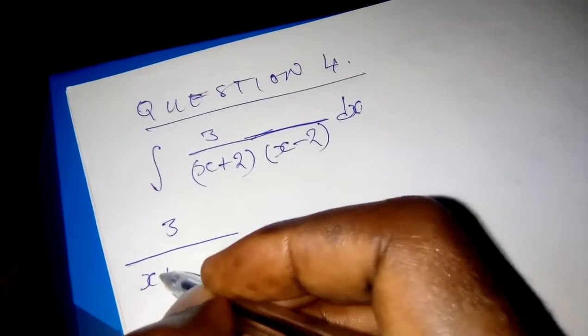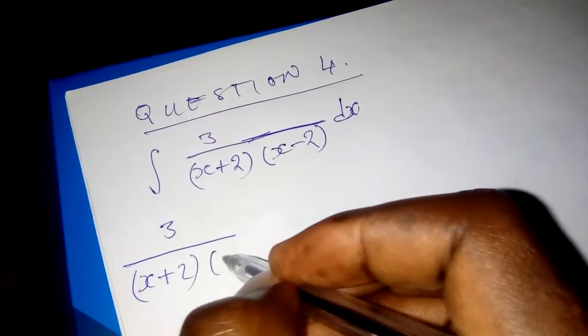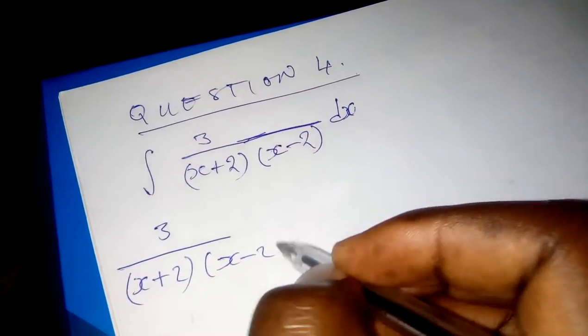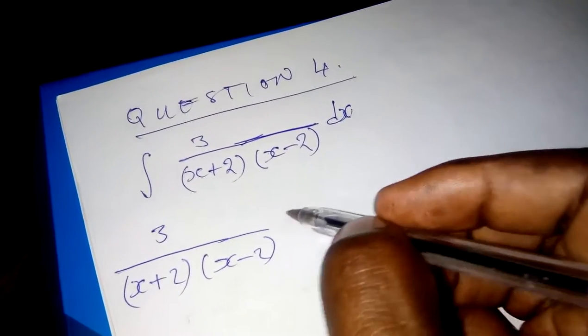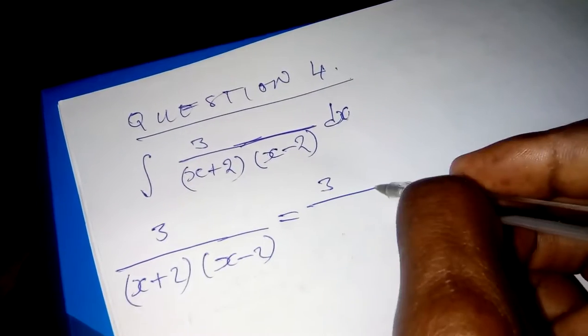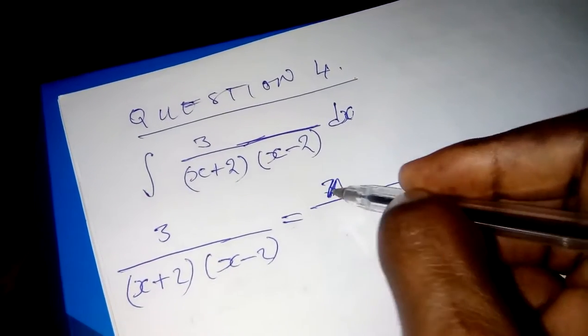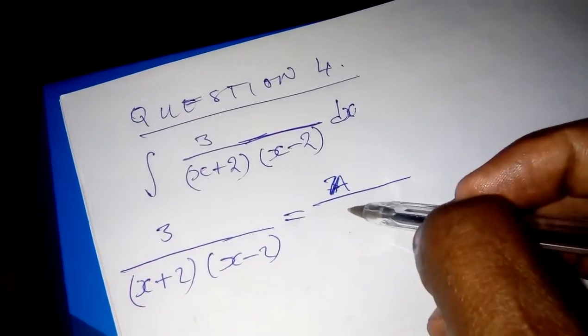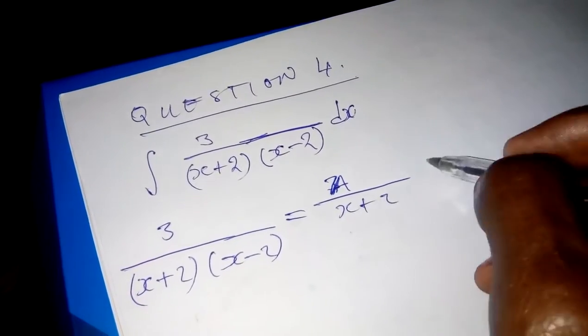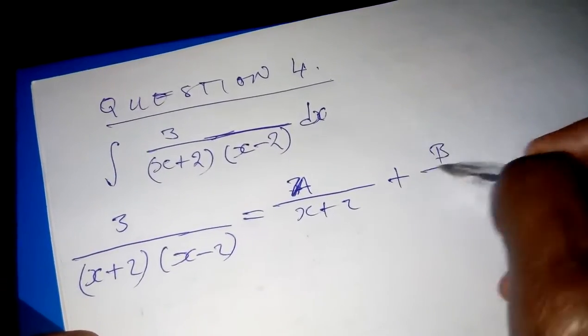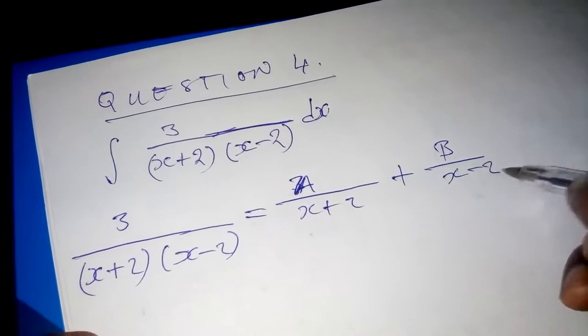Using partial fractions, this can be written as 3 over x plus 2 x minus 2, this can be written as A over x plus 2 plus B over x minus 2.